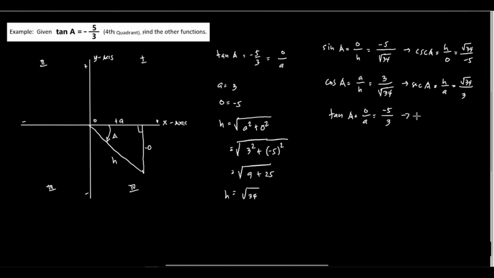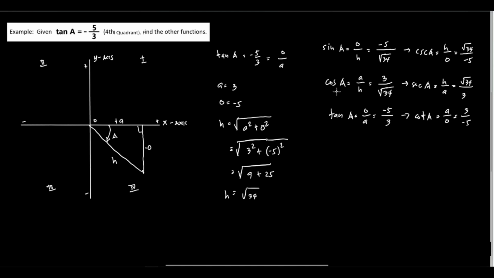And last, the reciprocal of tangent A, that's cotangent A, is equivalent to A over O, or 3 over negative 5.